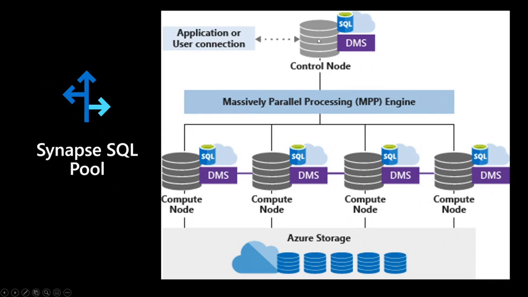And the control node then leverages this query engine to come up with a new plan on how to execute it. Because when I had something like New York taxi fare data and trip data, while it looks like a single table up here where I write my query, down under the covers, it's actually 60 tables spread across Azure storage. And as I scale up my compute, each compute node takes some of those tables.